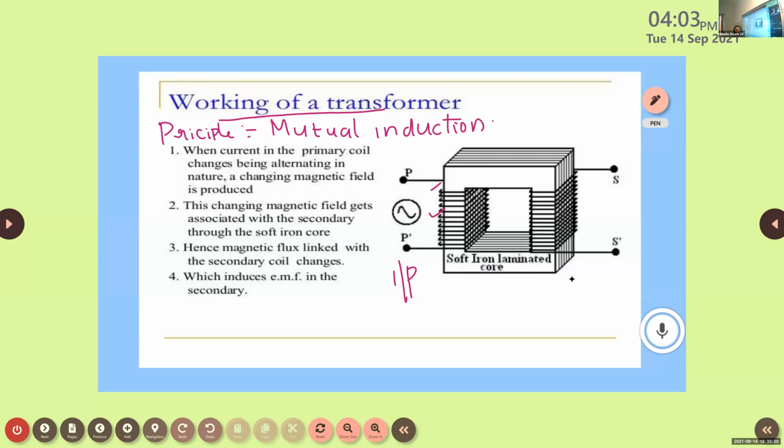Thereby, it generates an induced current. So this is how the transformer works. It works based on the principle of mutual induction. That is, whenever the magnetic flux associated with the primary coil changes, it induces an EMF in the secondary coil. Both coils are associated with the help of a soft iron laminated core.